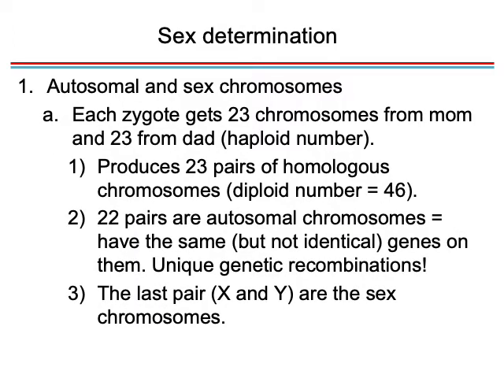All right, so how do we become males and females? Quite easily. While there are 22 regular, so-called autosomal chromosomes, there are two that are unique.